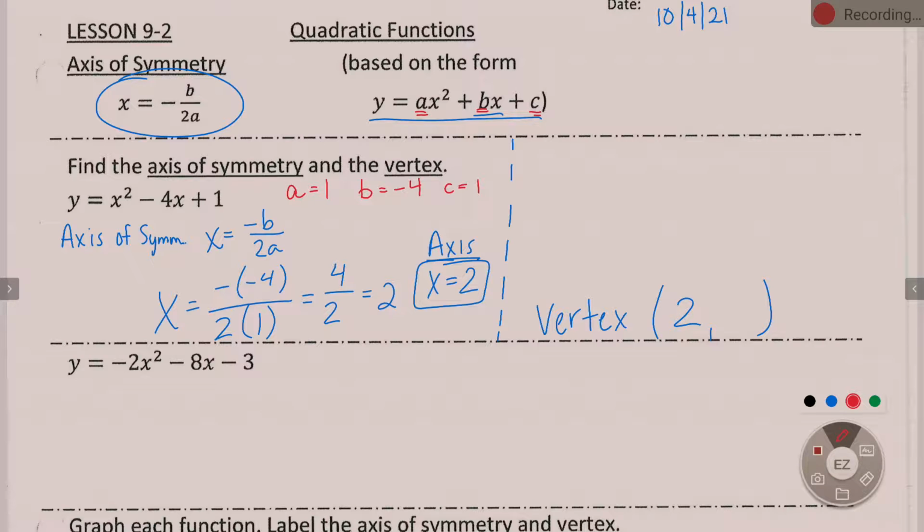So this 2 right here goes right there. Thoughts on how I find the other part of this vertex? How can I find my y value?